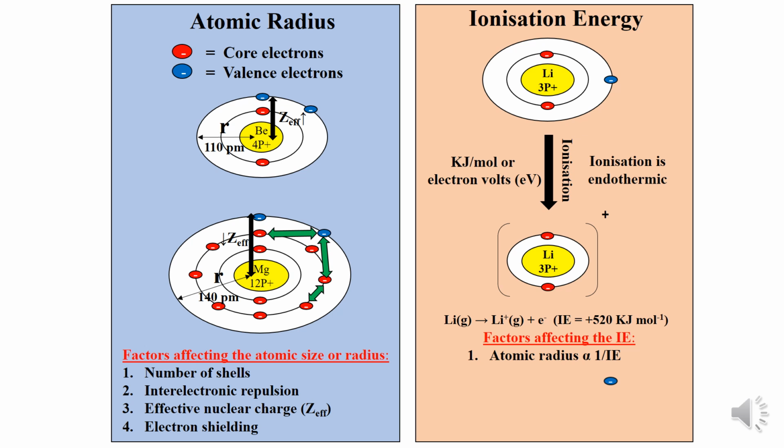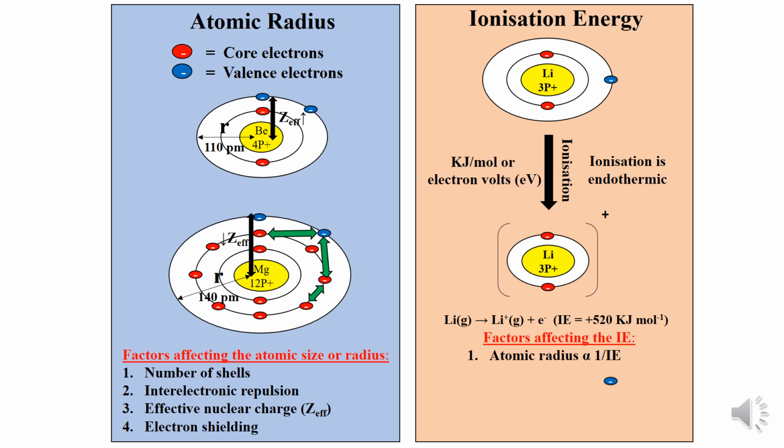So atomic radius in case of beryllium is less as compared to that of magnesium. Atomic radius is inversely proportional to the ionization energy. So with the increase in size, the distance between the nucleus and the outermost valence electron increases, and this reduces the attraction.